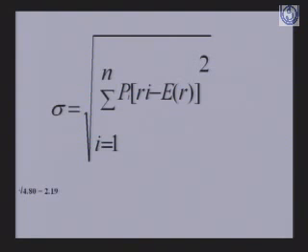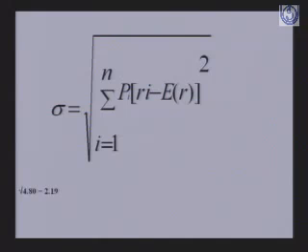Adding this up, since there is a summation notation over there, we get 1.3. But since, if you notice in the formula, the whole is under root, we take the under root of 1.3, which comes out to be 1.14. So the standard deviation of this particular returns is 1.14.